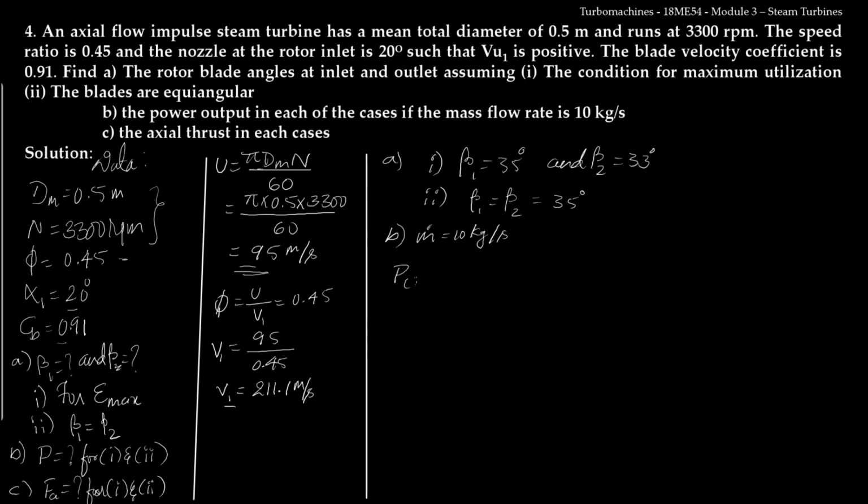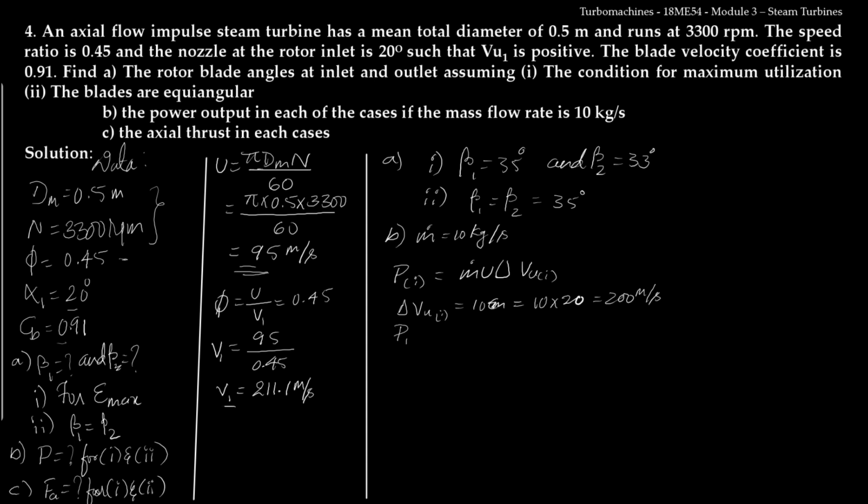So power for the first case will be equal to m dot into u into delta Vu for the first case. So if you remember, delta Vu for the first case was equal to 10 centimeter. If I write that in terms of meter per second, then that is 10 into 20, which is 200 meter per second.